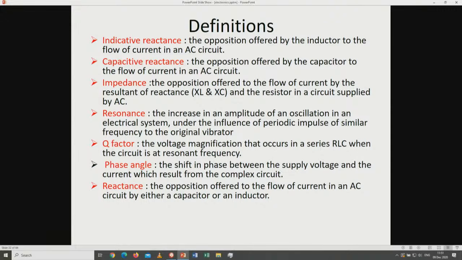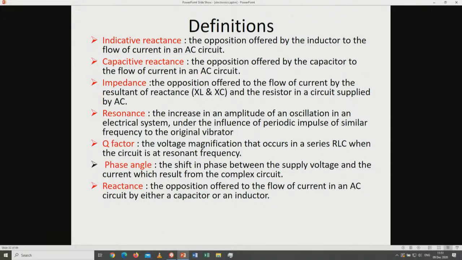What is resonance? It is the increase in the amplitude of an oscillation in an electric system under the influence of a periodic impulse of a similar frequency to the original vibrator.